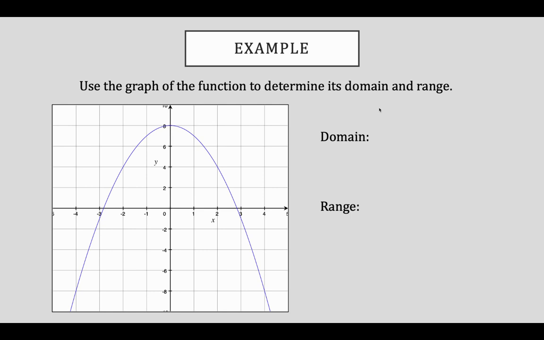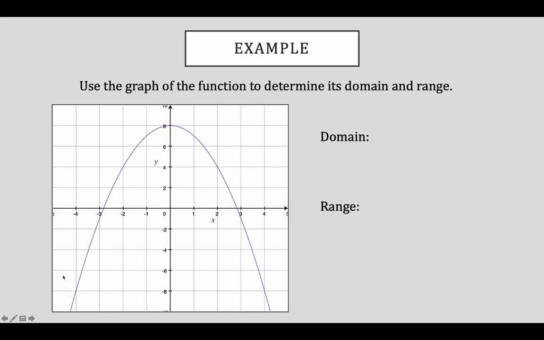Let's look at some examples here. Use the graph of the function to determine its domain and range. Well, which x values does this graph cover? You might notice there are no endpoints on this graph. This implies that this function is going to continue to move down and to the left forever, so the farthest left point on this graph is negative infinity.